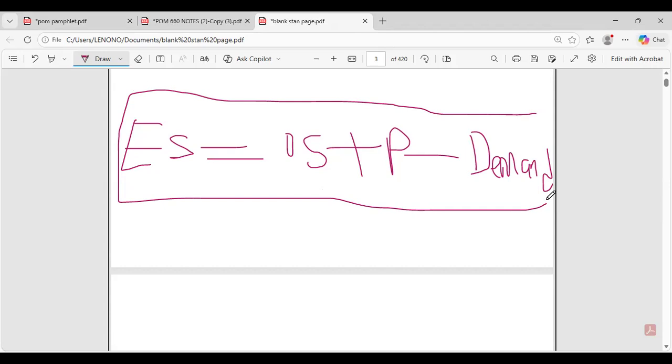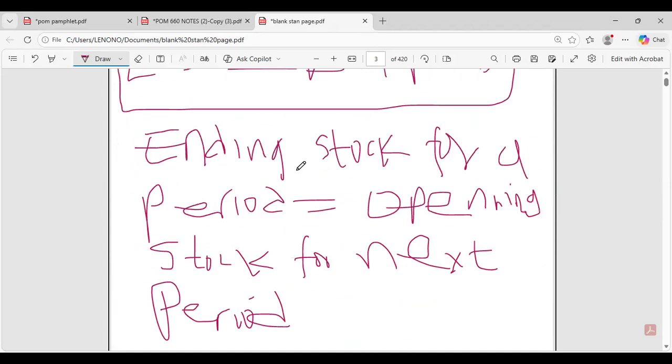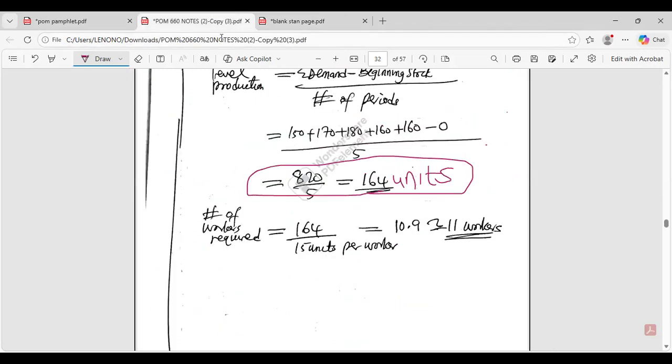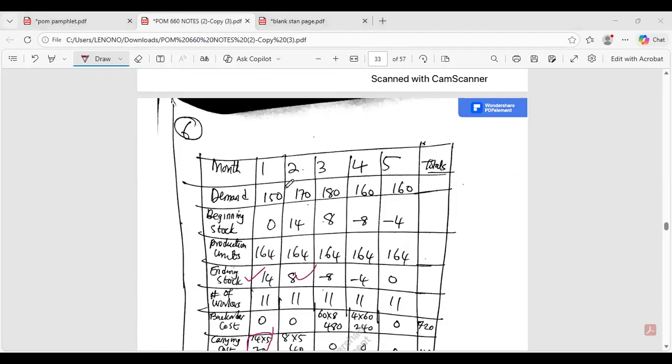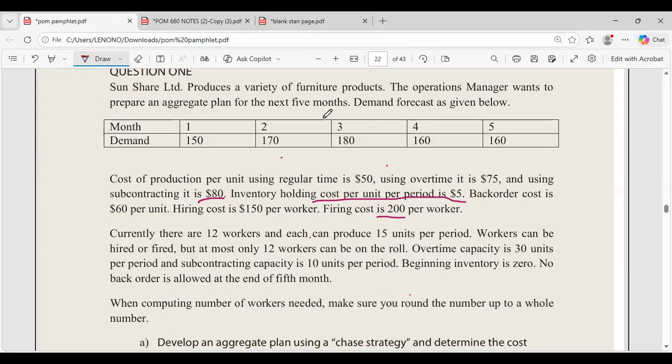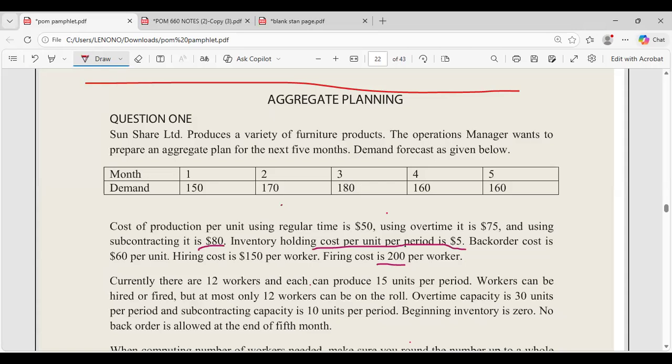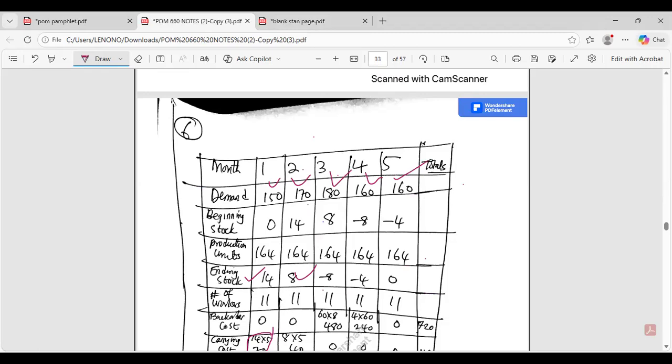Yes, it is clear. So the ending stock for a period is the beginning stock for the next period. Our demands here are figures from the same question. Then your beginning stock is 0.